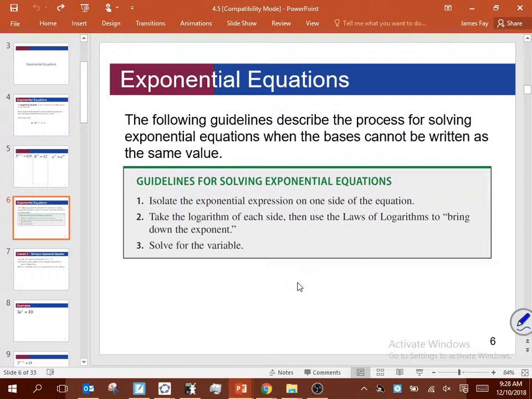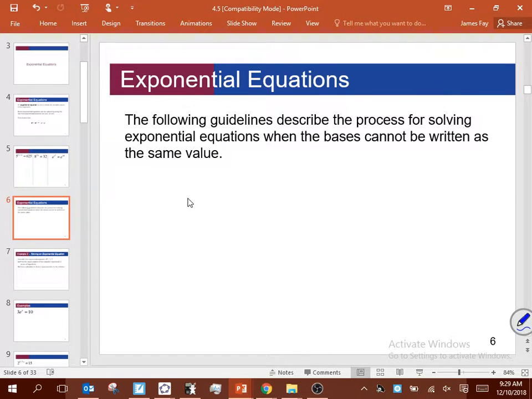I want to show you an example where you can actually address this two different ways, and you might get two different looking answers, but they are indeed 100% the same. So I'm just going to give you an exponential here, and I'm not going to use those guidelines first, because I want you to see maybe the benefit of having those guidelines.